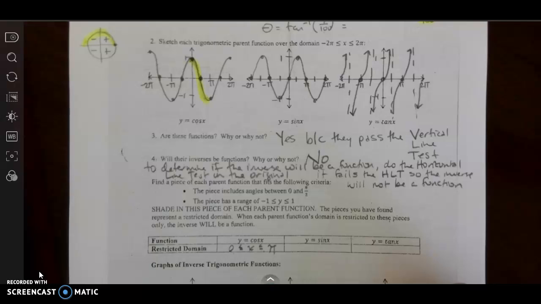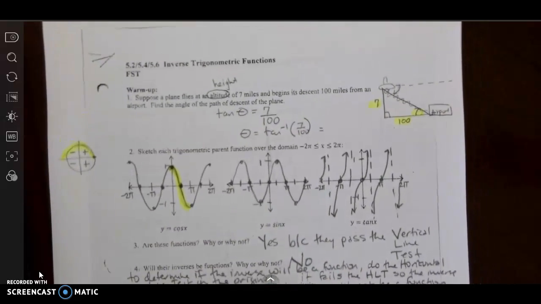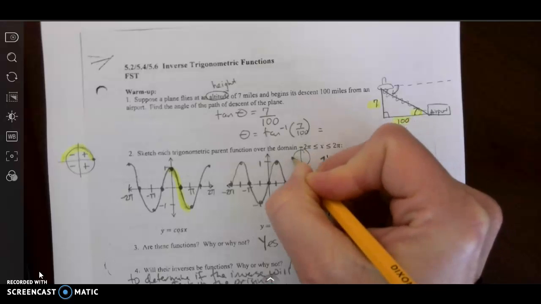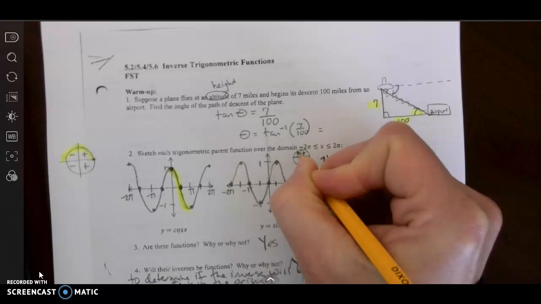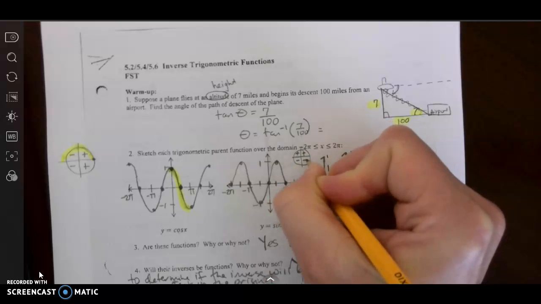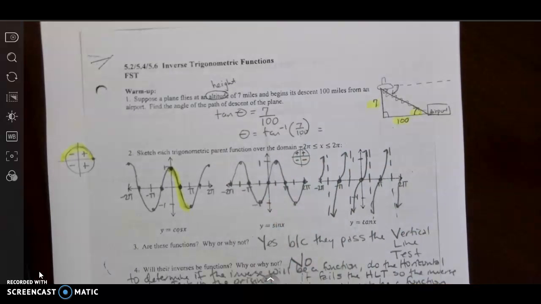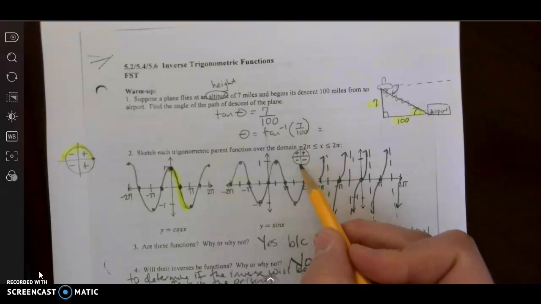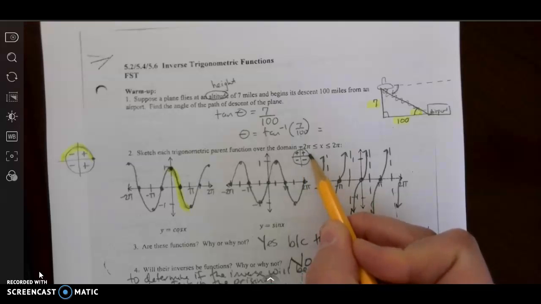All right. Now, let's go to our next one. Let's go to sine. On my sine graph, let's look at my unit circle. Sine is positive, positive, negative, negative. Well, positive, positive, positive, negative. On this side is the first time I run into it, but I want to include this point here.